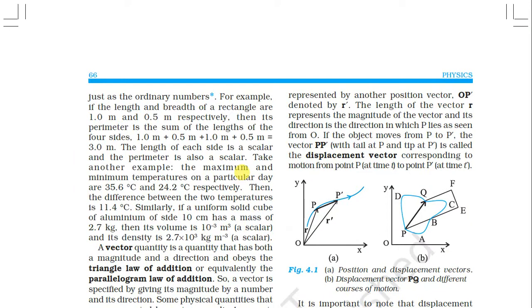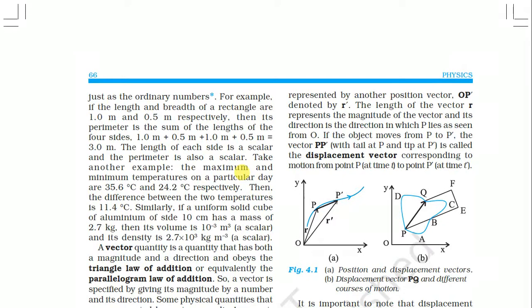Similarly, if a uniform solid cube of aluminum of side 10 centimeters has a mass of 2.7 kg, then its volume is 10 raised to minus 3 meter cube, which is also a scalar quantity, and its density is 2.7 into 10 raised to 3 kg per meter cube, also a scalar quantity.